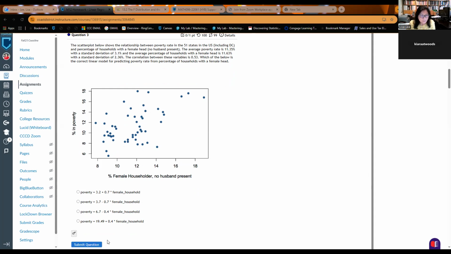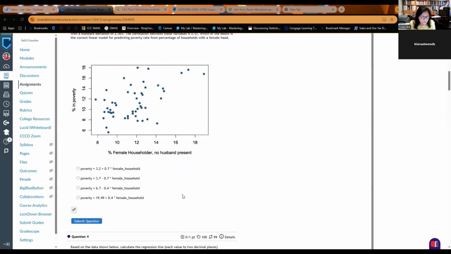The problem already gave you the equation, so you just need to use the concept. Since it tends to go up like that, when we increase the percent of female households to the right, the vertical value also goes higher. That's positive, increasing. So you have to look at your equation, looking for a positive slope.